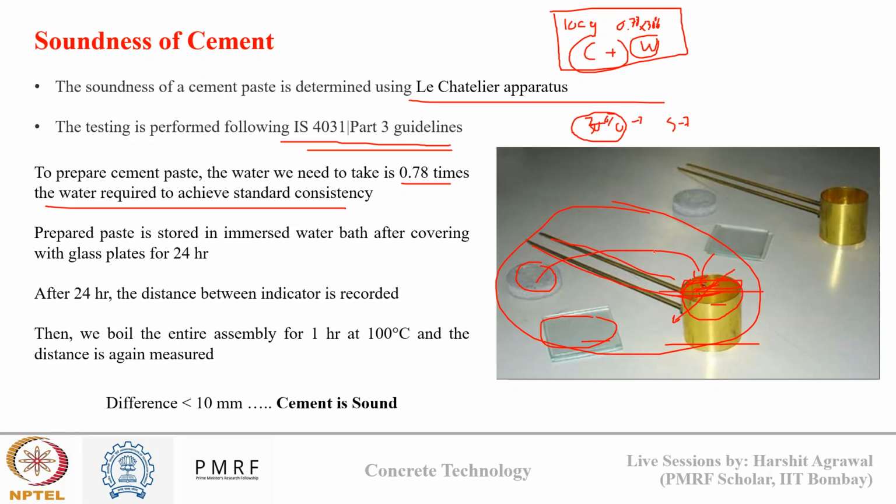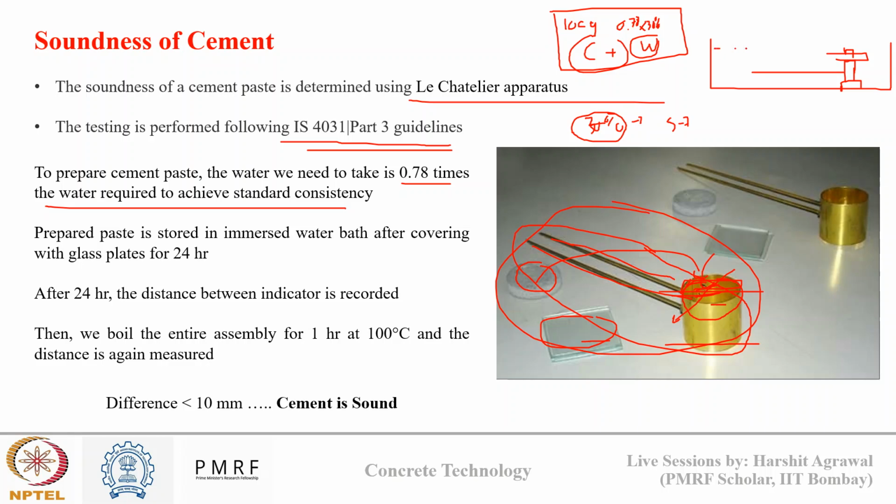Now this entire assembly, along with plates and stone, we place in a water bath, initially just water. So this is my bottom plate, this is my mold, this is my top plate and stone, and these are the needles.